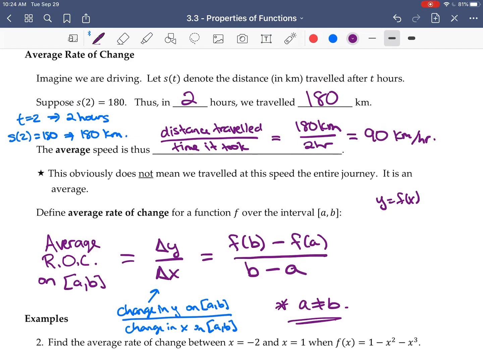Now if we use that to find the average speed like we did up here, our interval is from 0 hours to 2 hours, because we started traveling, and after 2 hours we were 180 kilometers.